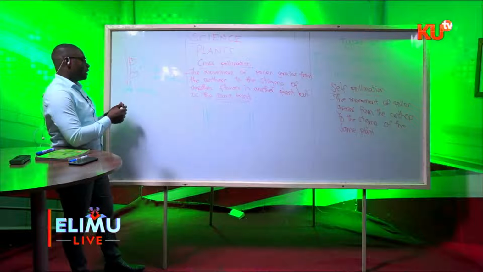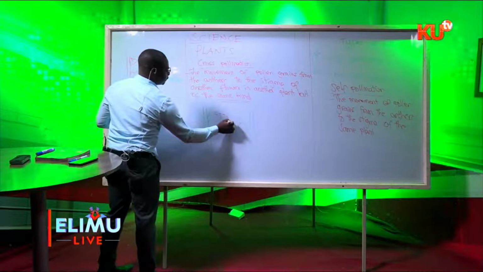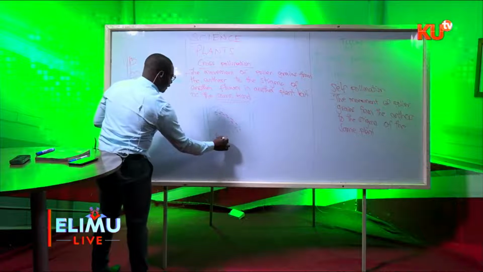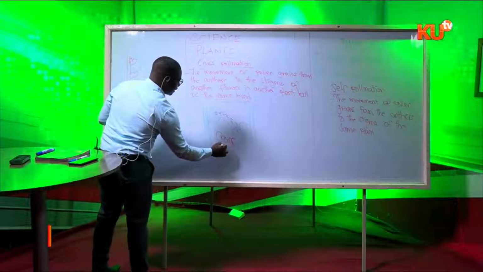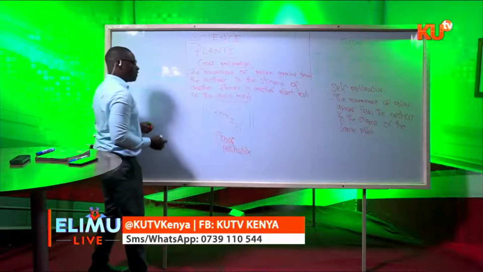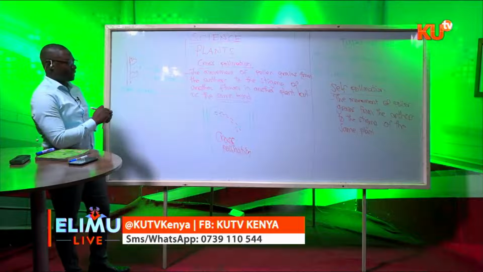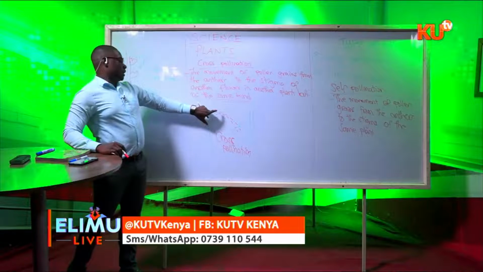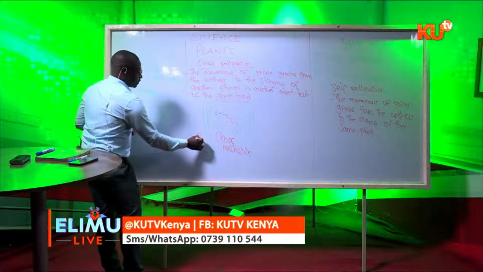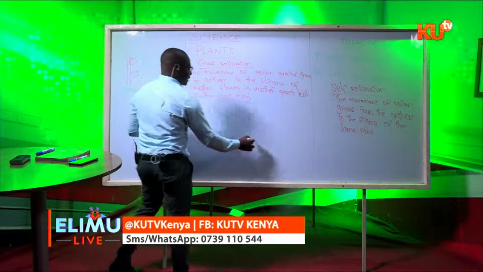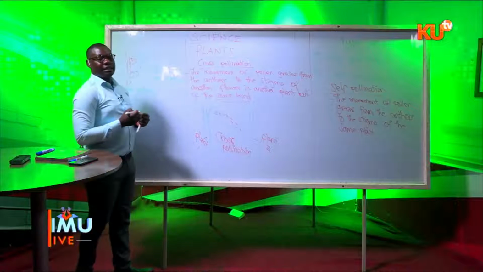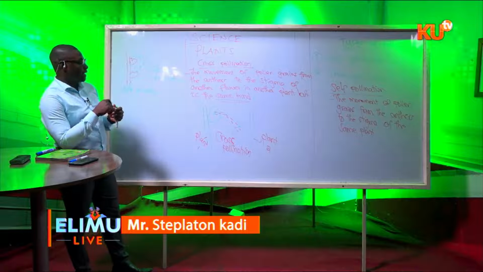So when pollen grains move from this flower to that flower, this is now referred to as cross-pollination. We have movement of the pollen grains from one flower to the other flower. The plants here are 2. This is plant 1, and this is plant 2. But remember, the plants have to be of the same kind.